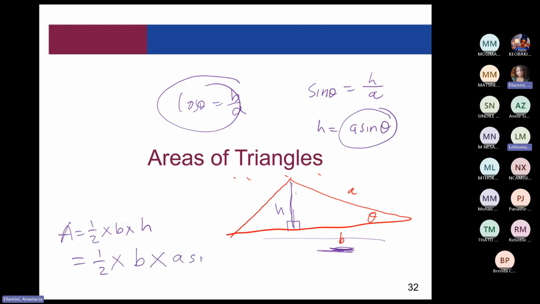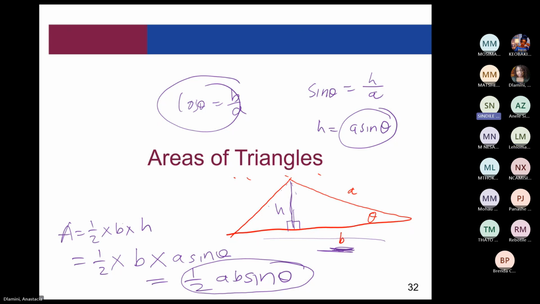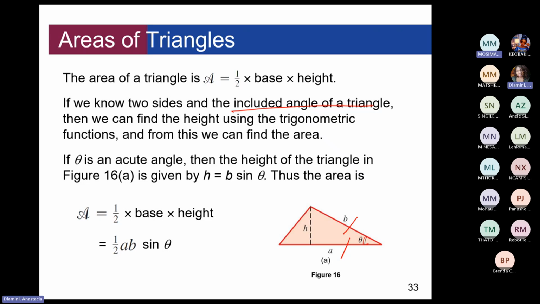So that can be given as 1 over 2 AB sine theta. Meaning that if you have a triangle with two sides and an included angle, you can use this formula to calculate the area of that triangle. Are we all together? Yes, ma'am. So that's the formula there.